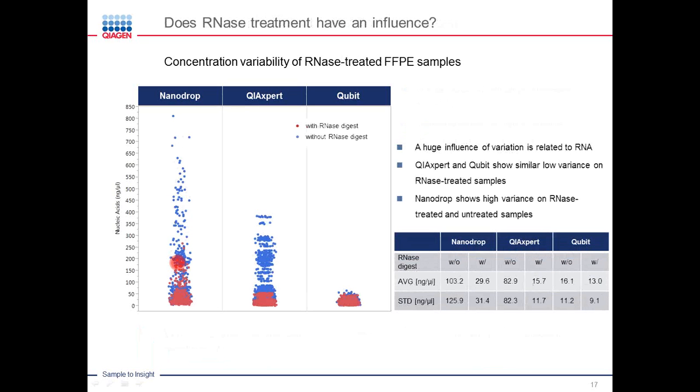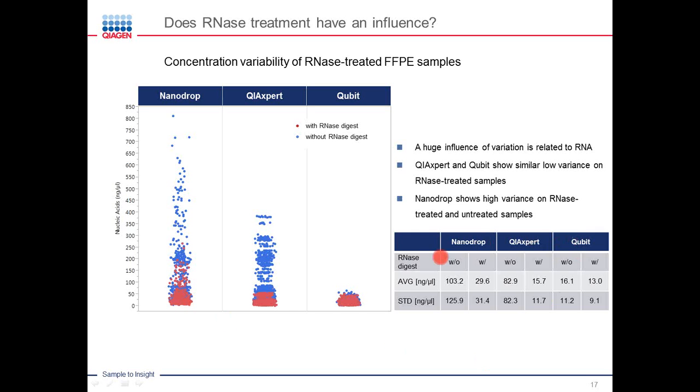If you split out these data points by color, as we did on this slide, you see all the data points from the samples that were not treated with RNase in blue versus the data points from the samples that were treated with RNase in red. You can immediately see that the majority of the variation is contributed by residual RNA that was co-purified in those samples that have not been treated with RNase.